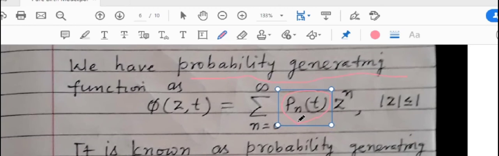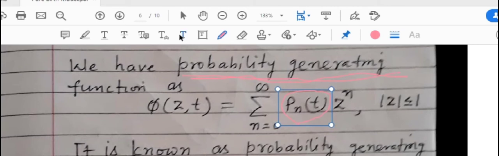So if we are able to get P_0(t), P_1(t), so forth, so on, P_n(t) separately. It is not separated here. It is a part of the generating function, but ultimately we have to get P_n(t) separately. And you have to check how it comes, that its name is the probability generating function, so it has to generate the probabilities.